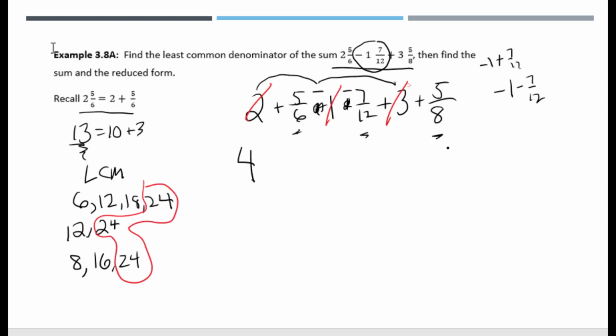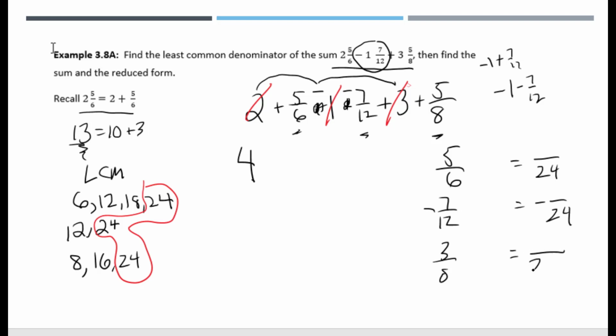So I'm going to take 5/6, change it into 24ths. I'm going to take a negative 7/12, change those into negative 24ths, and I'm going to take 3/8 and change those into 24ths.